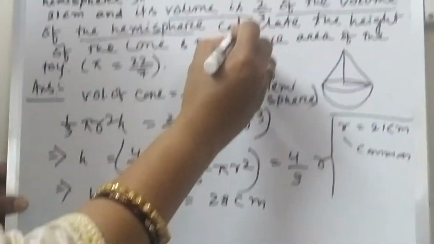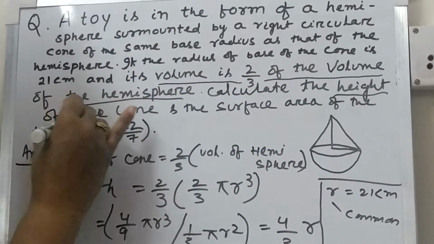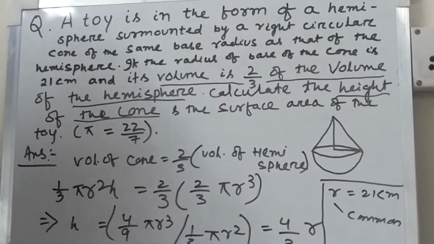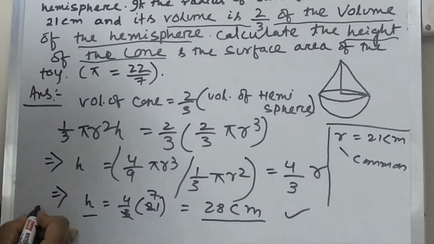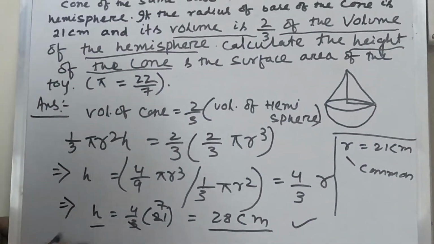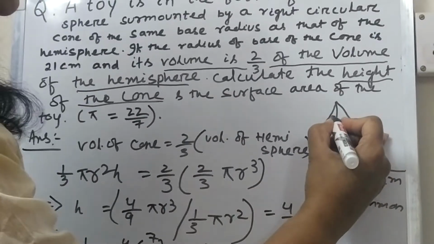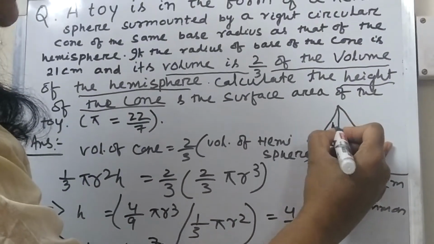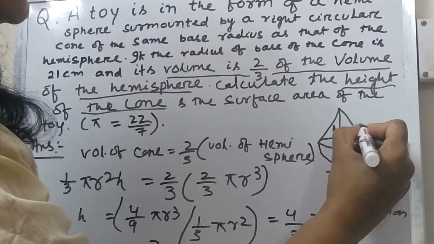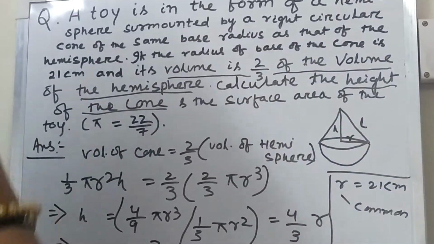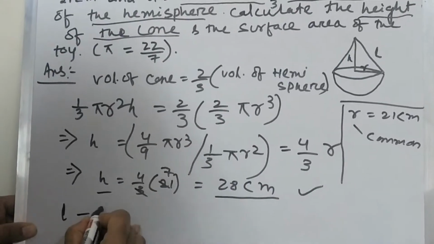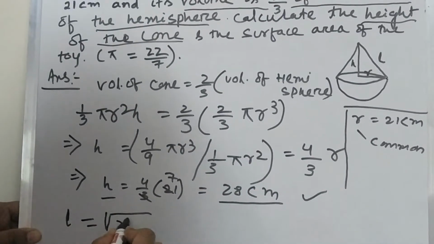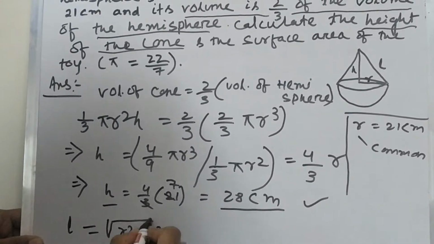So now we got the first answer: the height of the cone, h equal to 28 cm. Then, for the second, we will find the slant height. If this is the cone, this is h and this is r, then this is L, the slant height. The formula to calculate the slant height is L equal to root over r square plus h square.